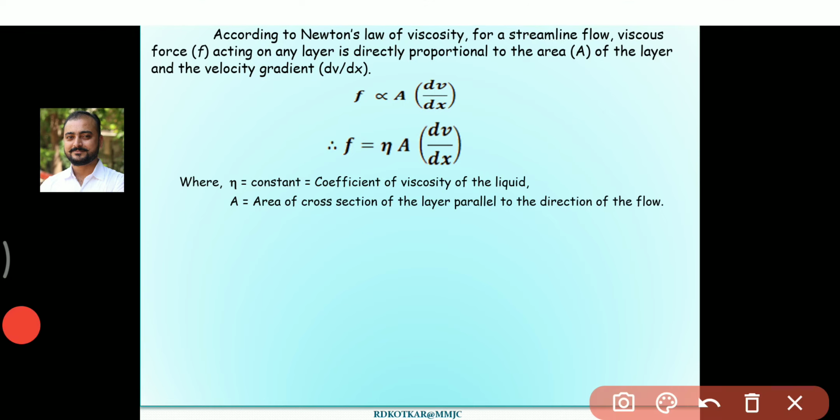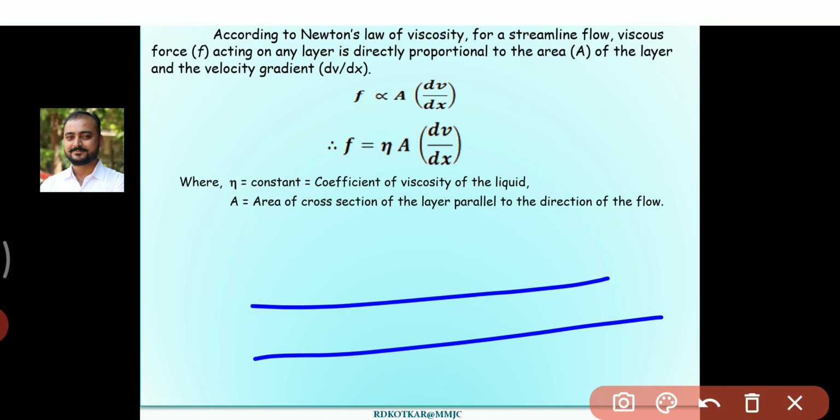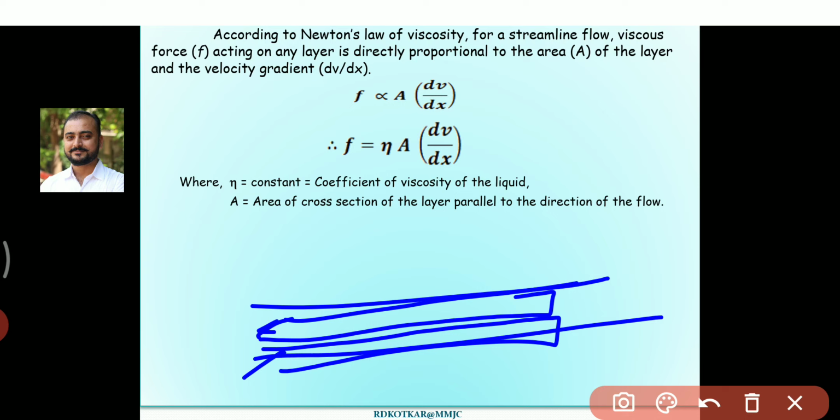Remember, area of cross section of the layer means, suppose this is the liquid flowing here, we consider the area of the liquid layer flowing like this. It will be like this, that is the area of cross section parallel to the direction of flow.